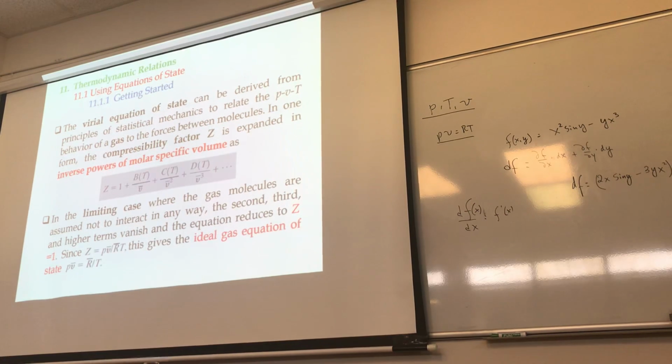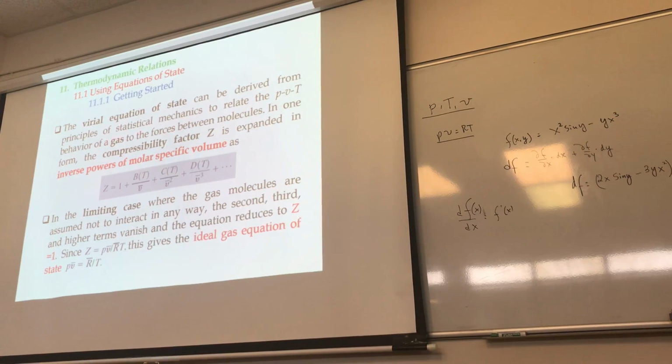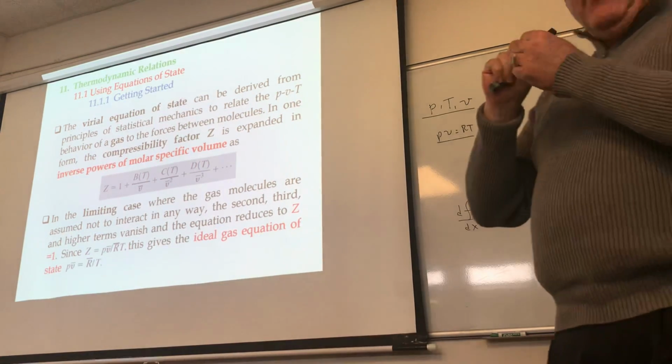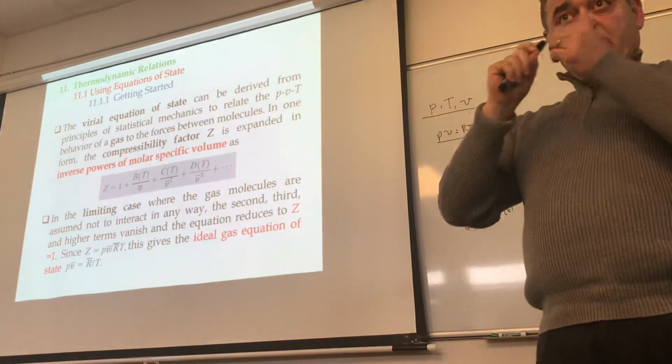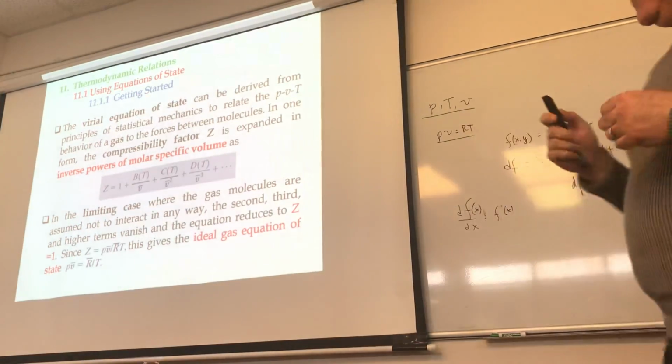Starting first with what we call the virial equation of state. This equation was established from principles of statistical mechanics that relate the pressure, volume, and temperature behavior of a gas to the forces between molecules. So people who developed this equation were looking at things at the molecular level and finding out how the molecules actually interact with each other.